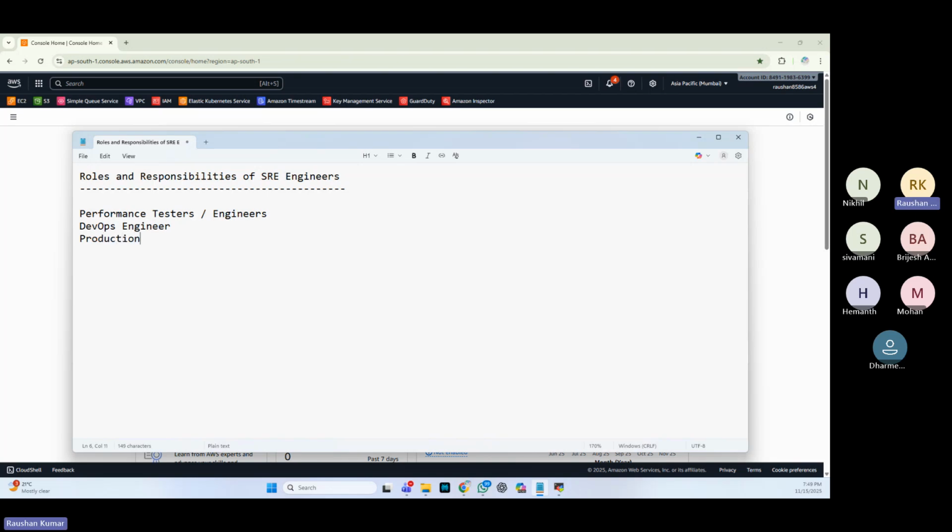If you look at SRE in any company's organization, you will see multiple levels: L1, L2, L3. L1 are the ones who work in shifts, because companies like Amazon, Flipkart, retail companies particularly, or any other company that wants to be highly available all the time and serve customers well, need to have somebody looking into the system to see if there is any problem.